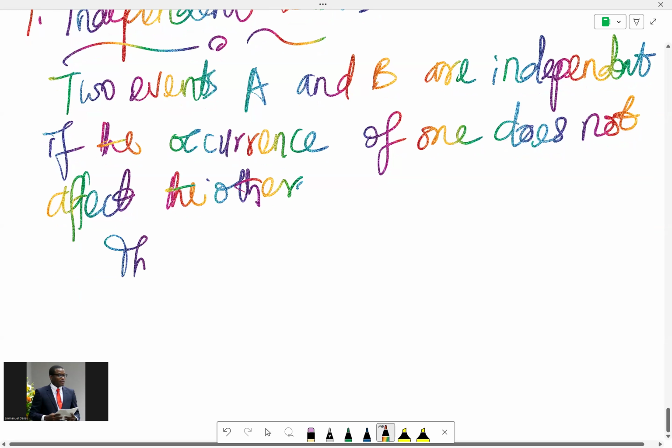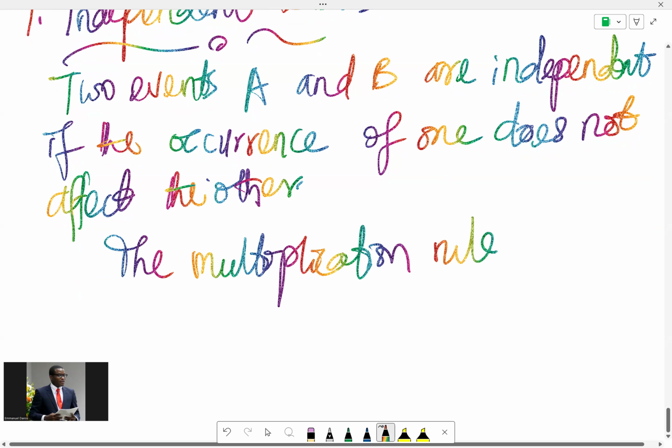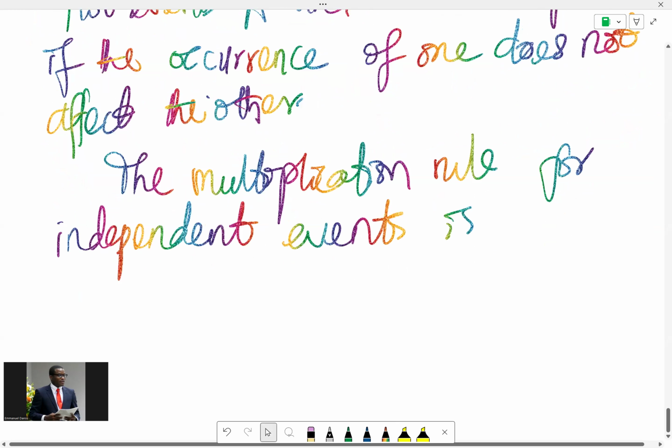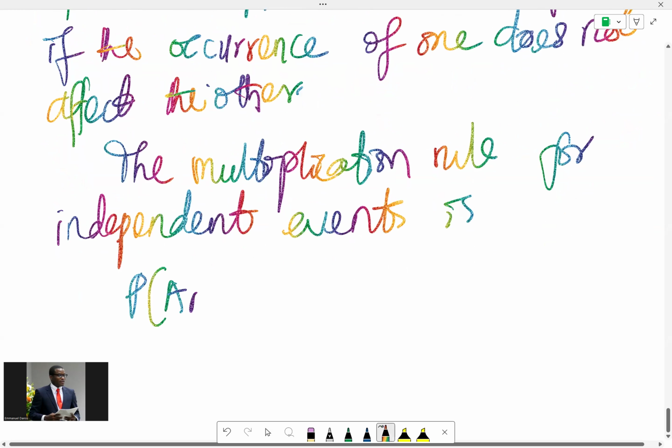So the multiplication rule for independent events is probability A intersection B is equal to probability of A multiplied by probability of B, because one does not affect the other. There's no overlapping, so to speak.